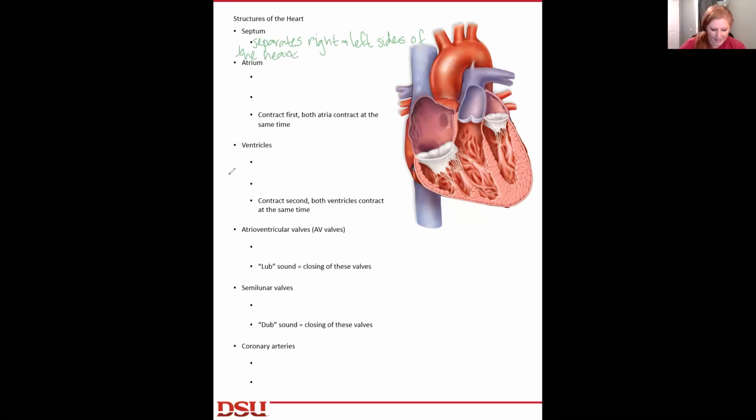Then we have the atria, or the atrium. These are the upper chambers. Atrium is singular, atria is plural. They're the upper chambers of the heart, and their job is to pump blood to the ventricles.